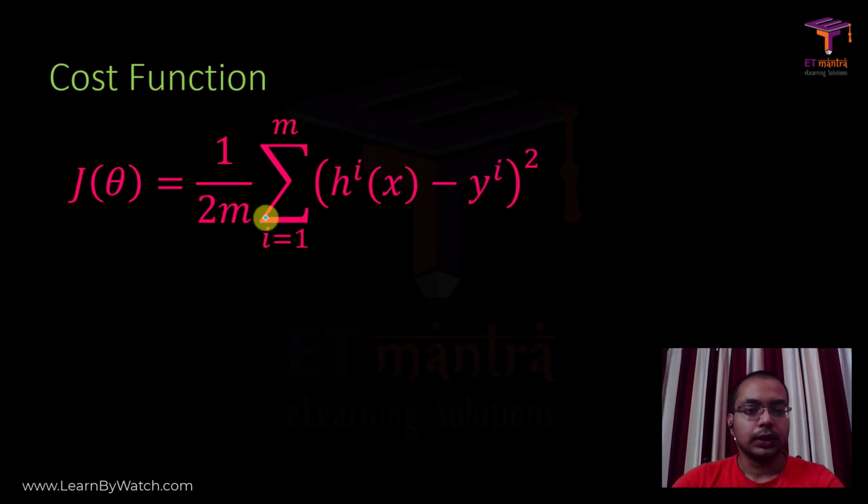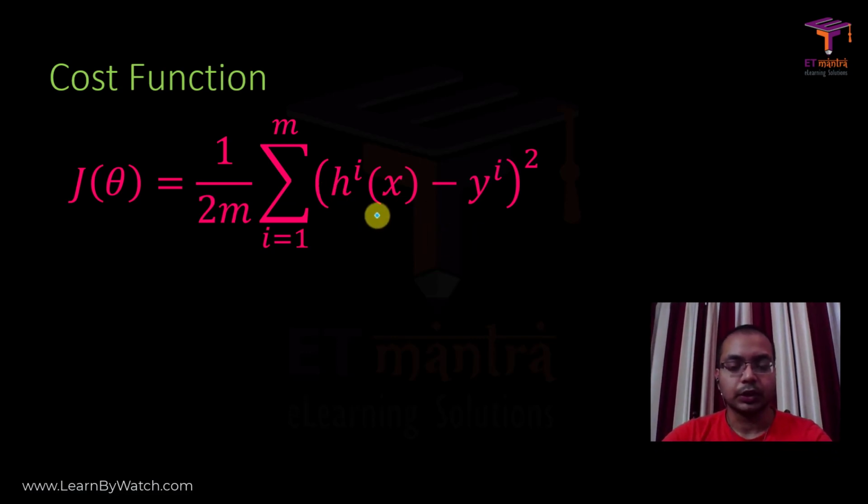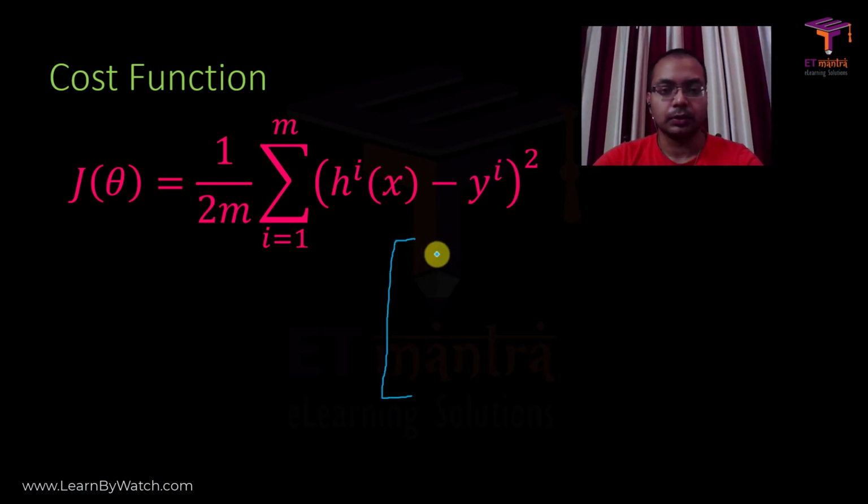We have also looked at the cost function, which is this one. Here it is recommended that we follow a vector approach to get the cost function. So how will it look? After we get the predicted h of x, it will be something of the form h1 of x, then h2 of x, and so on.